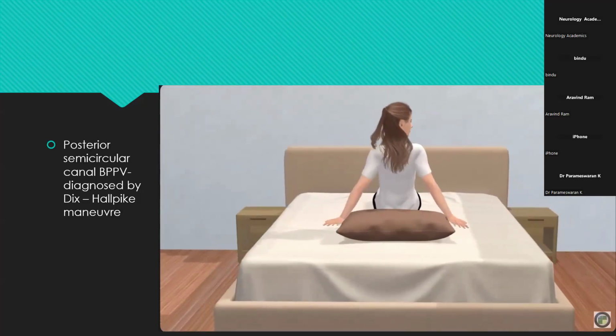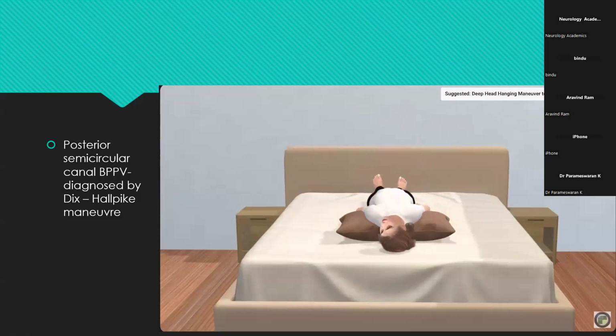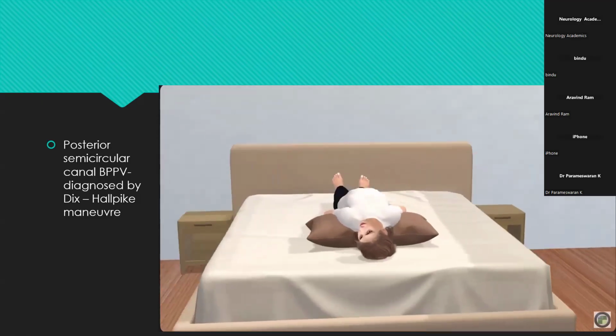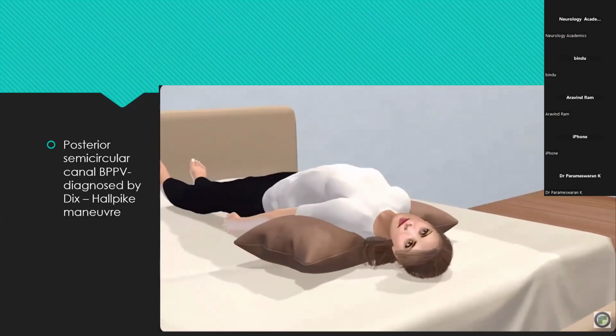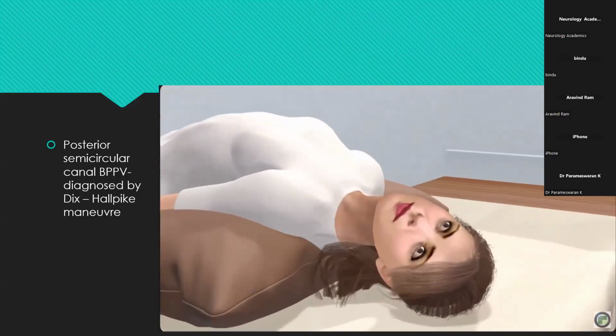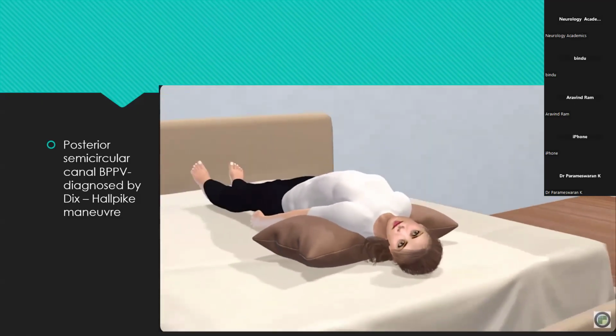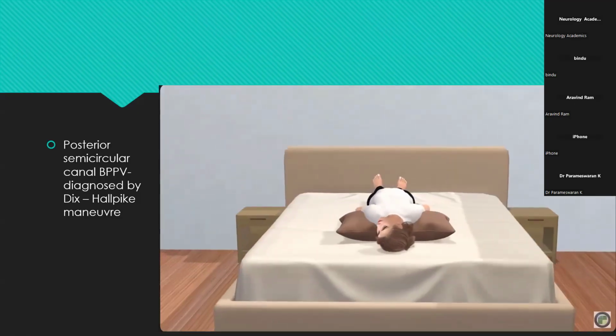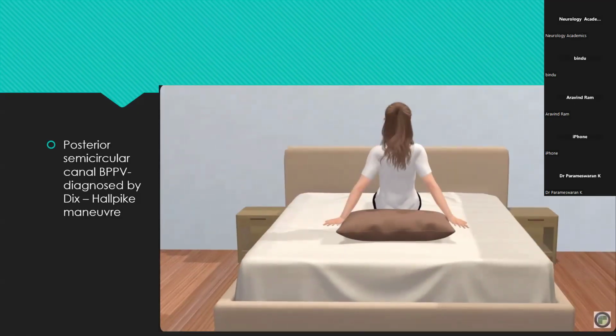When the patient was turned to the right side, the patient developed a latent nystagmus after some time. And towards the left side, after waiting for a few seconds, there is no nystagmus when the eyes were placed towards the left side. So this maneuver is positive for the right side.